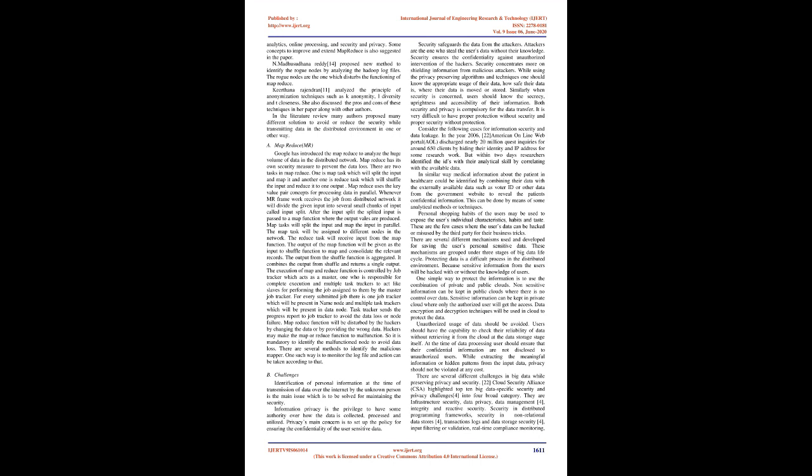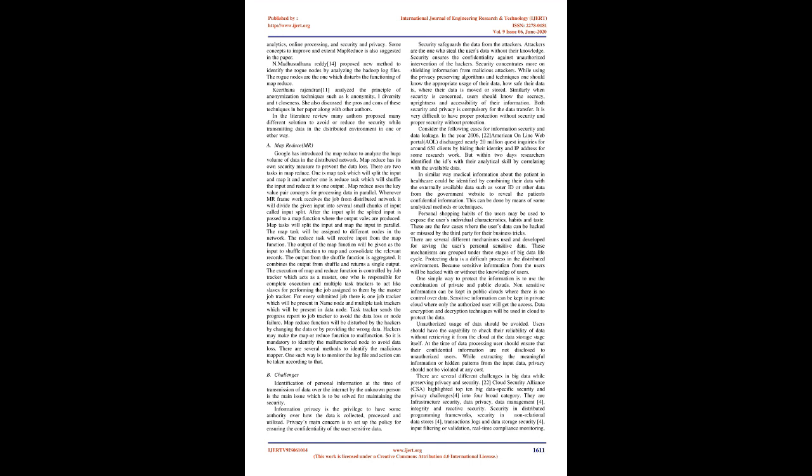B. Challenges. Identification of personal information by an unknown person at the time of transmission of data over the Internet is the main issue to be solved for maintaining security. Information privacy is the privilege to have some authority over how the data is collected, processed, and utilized.